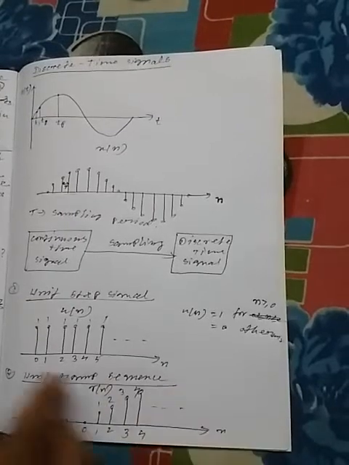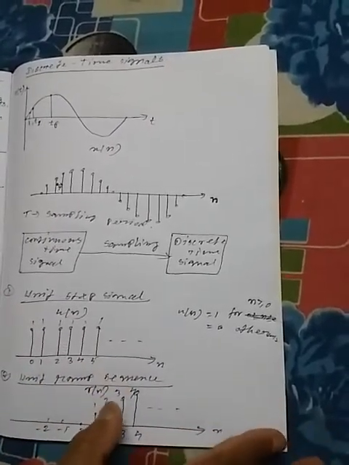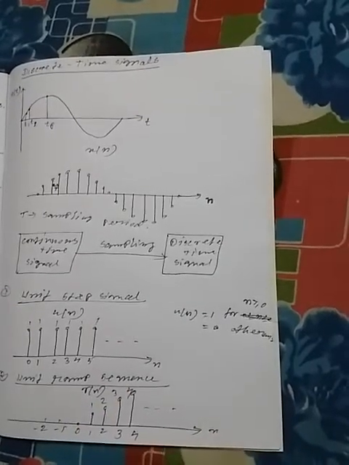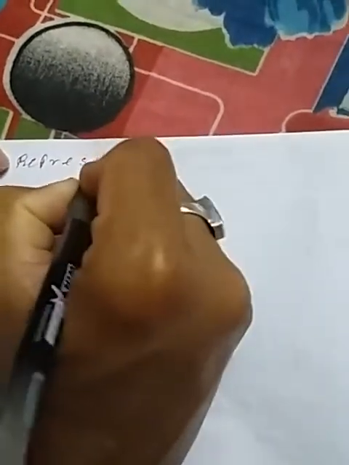Now these are the graphical representations of discrete time signals. Before going to signal representation, we have to know how many different types of representation of discrete time signals we have. We have a total of 4 types of representation of DT signals, that is discrete time signals.